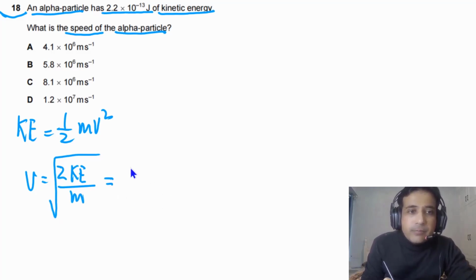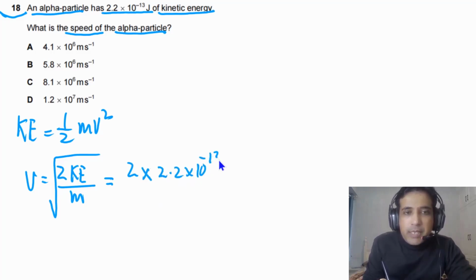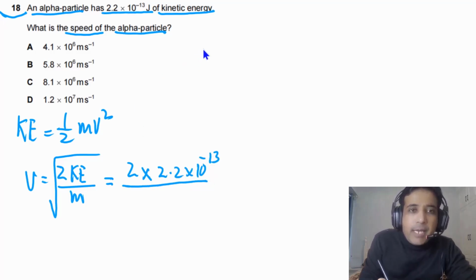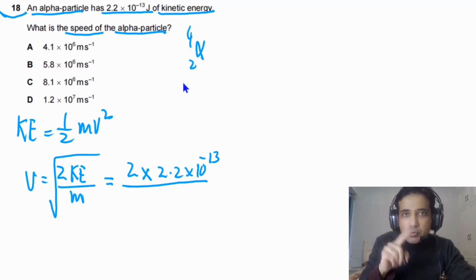So in this case we have kinetic energy of alpha particle, that is 2.2 times 10 to minus 13, divided by mass of alpha particle. And for mass of alpha particle, we need to understand alpha particle consists of 2 protons and 2 neutrons.